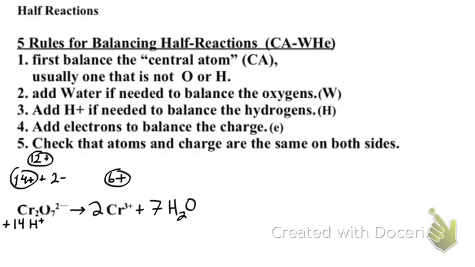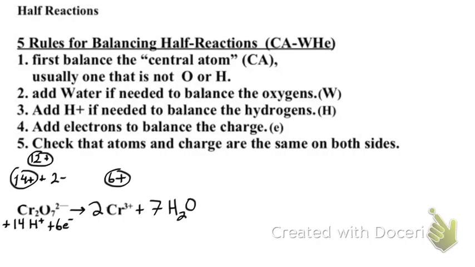So now we need to figure out how to turn 12+ into 6+. The last step before you check is you add electrons to balance charge. So each electron has a -1 charge, so in order to turn 12 into 6, we need to add 6 negative charges.